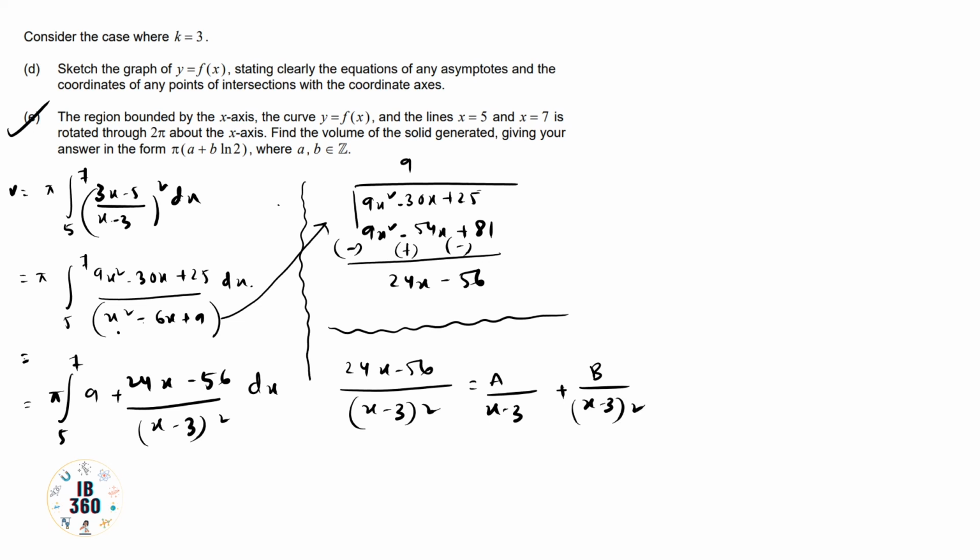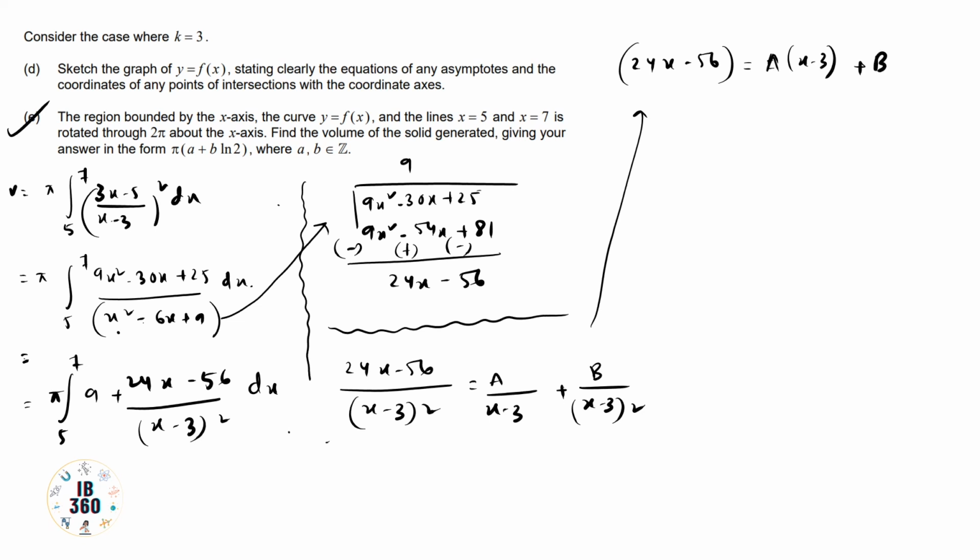I am just trying to find the normal equation of this. So we can write 24x minus 56 equals a into x minus 3 plus b, just a normal equation.